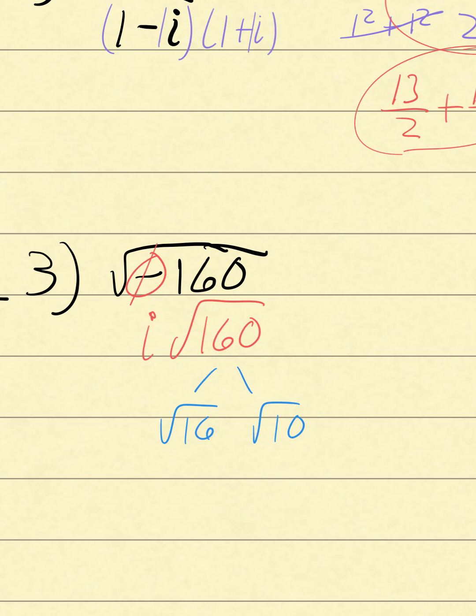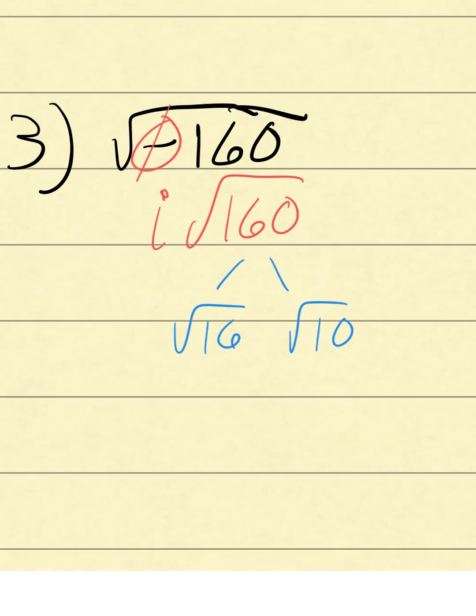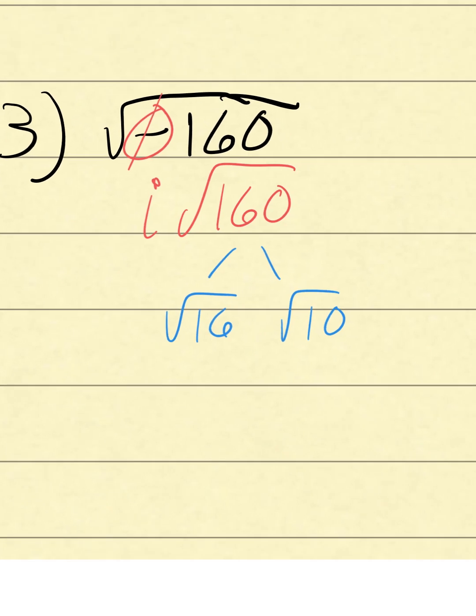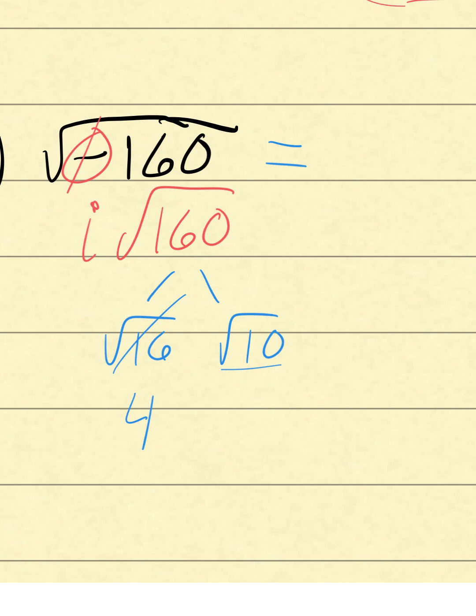We can try these. If you didn't recognize these, you can use the factor tree and simplify until you can't anymore. But this would be the biggest perfect square that you get. Square root of 16 is going to get you 4, and the square root of 10 you can't simplify. So this answer is just going to become 4i square root of 10.